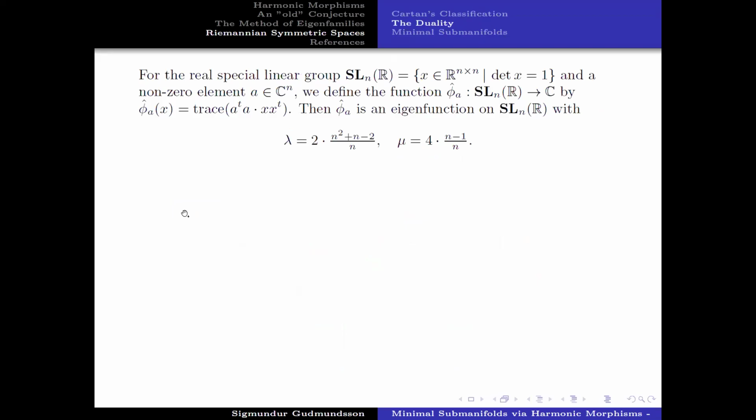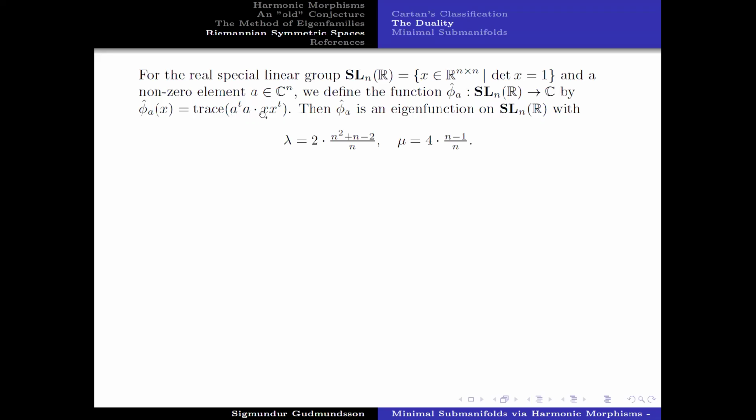Quite interesting. So for the real special linear group and a non-zero element, we define the function by this. Okay, so you see that X is an element in this group and A is a non-zero element of C^n.